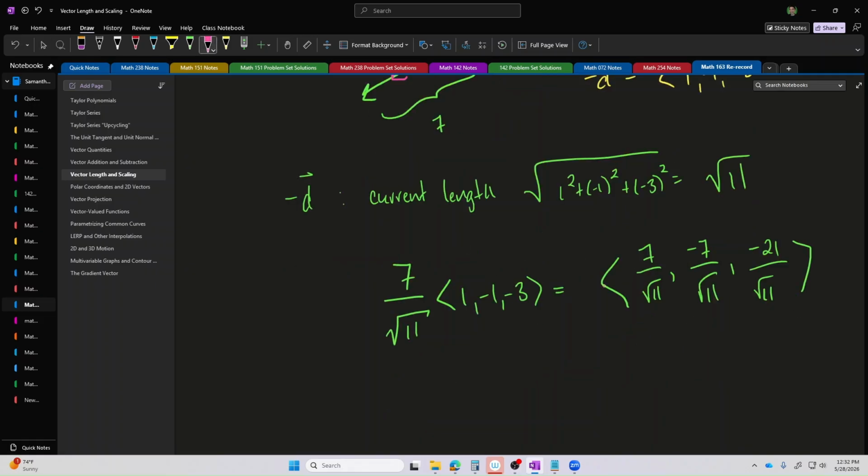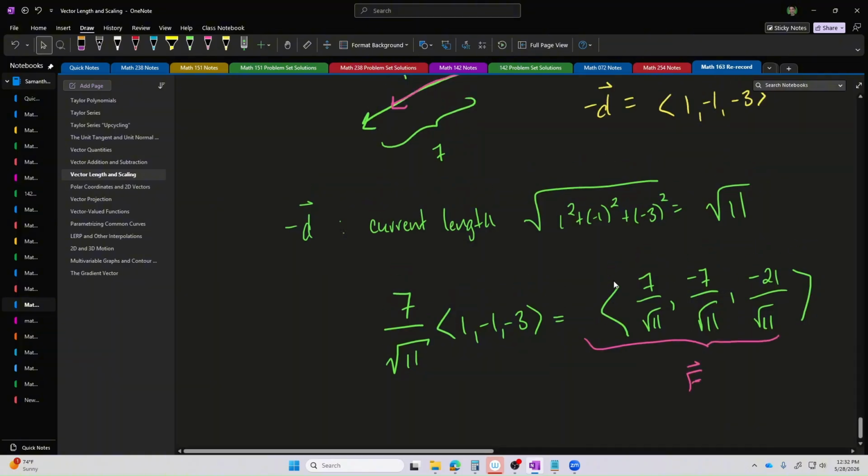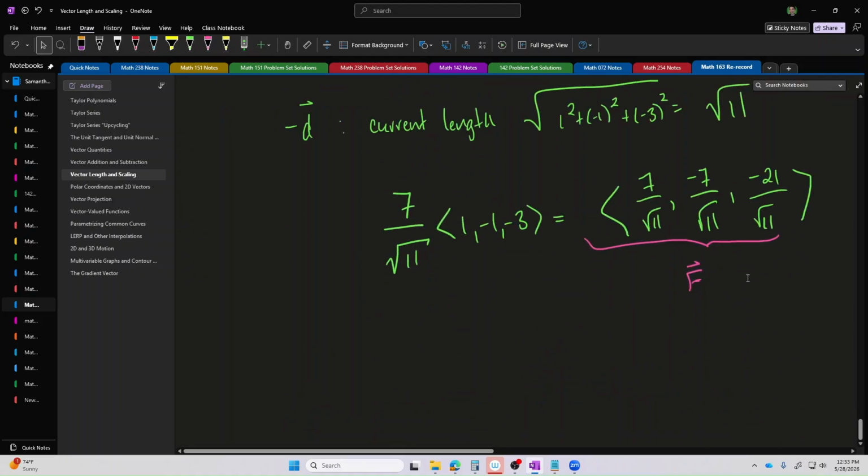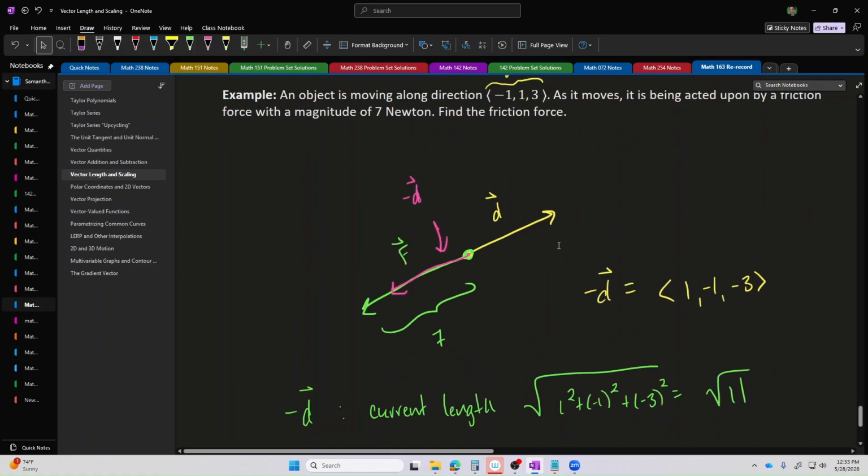This vector can now serve as a representation of my friction force, because this vector now points in the correct direction, opposite the direction of movement, and it has the correct magnitude, 7 units. So this would be my final answer representing this friction force.